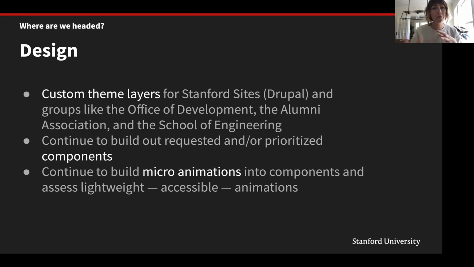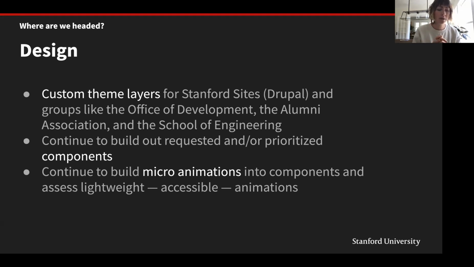But we have a pretty nice foundation of components now where you have the banners, the cards, the buttons, the links. We have accordion now. We have form elements. I'll touch on those things in a little bit, and we can look at those things too. But yeah, so we'll continue to build out components.